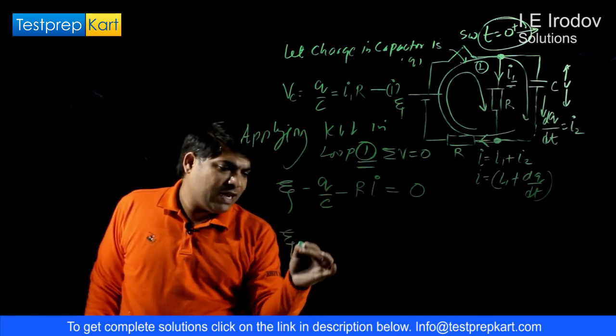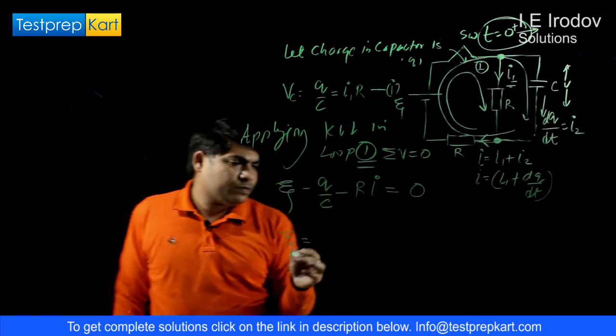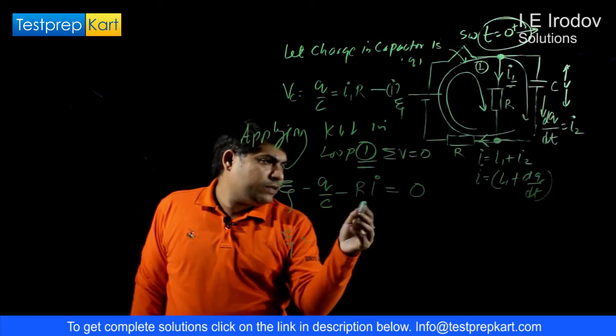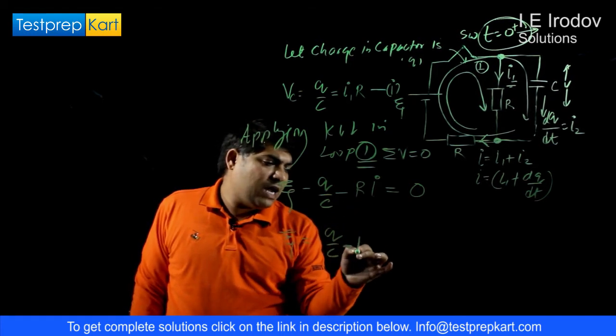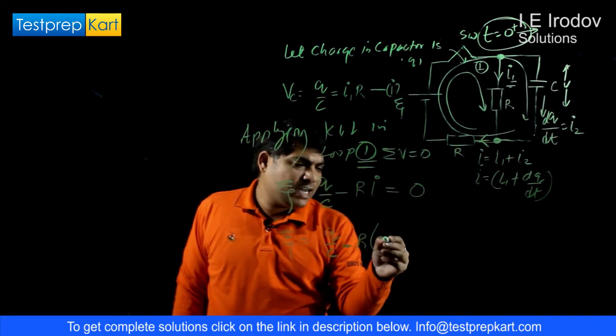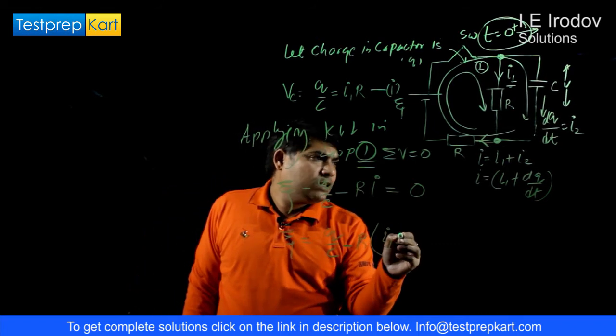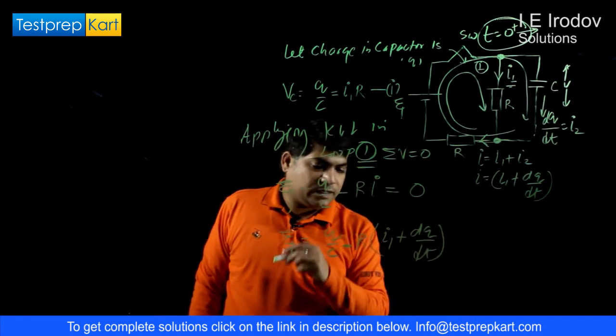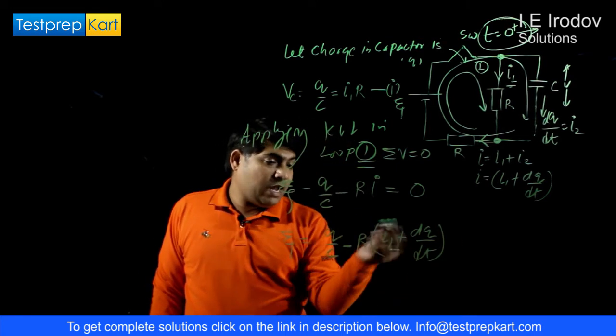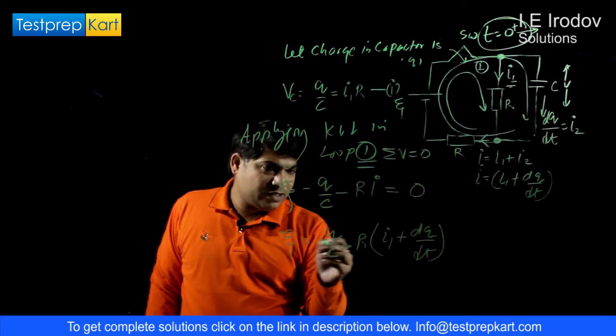So from here we can write E equals Q over C plus R times the bracket I1 plus dq over dt.